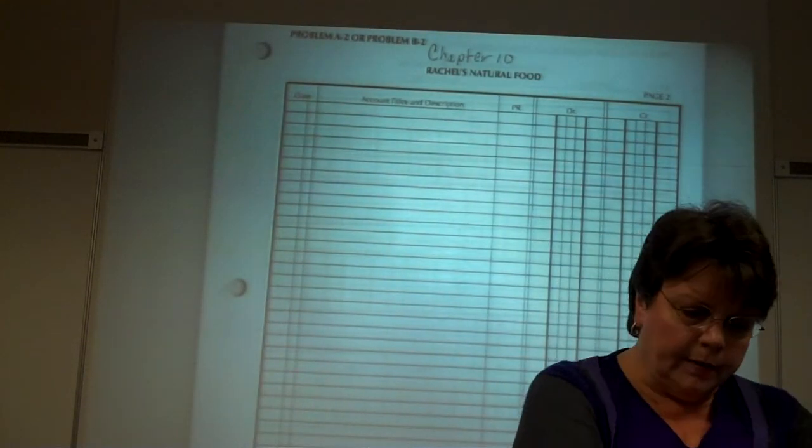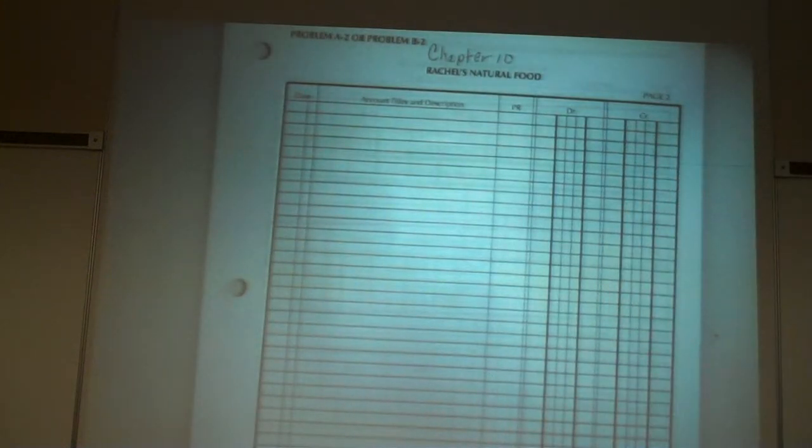When we talk about gross sales, that's going to be our total sales that we have. If we have sales returns and allowances and sales discount, if we subtract those from the total sales, what is the number that we have left?